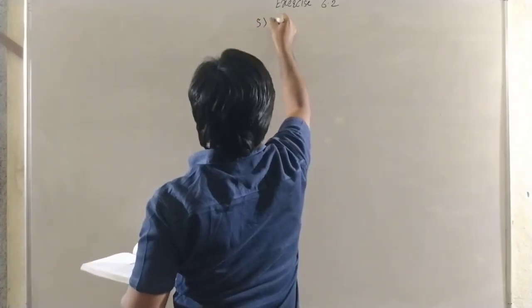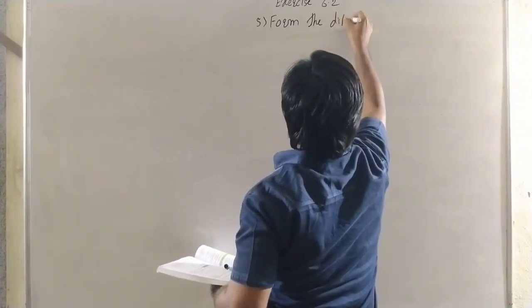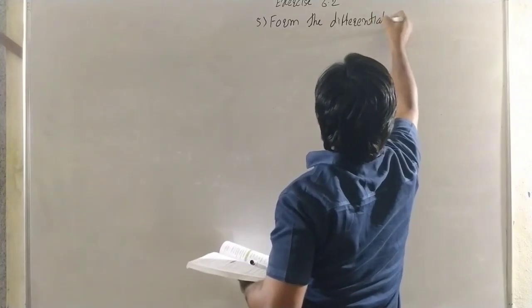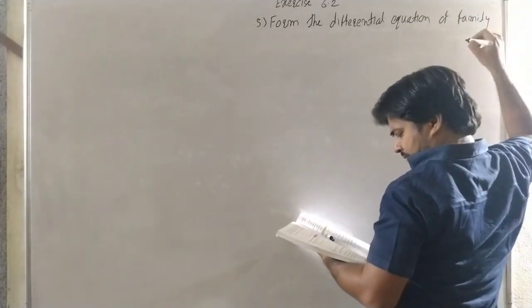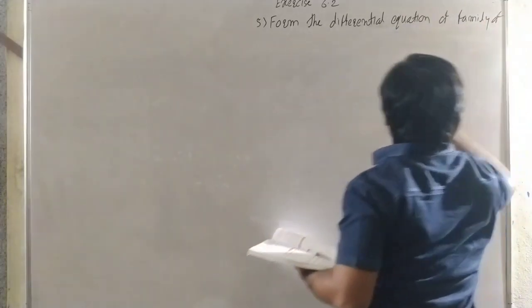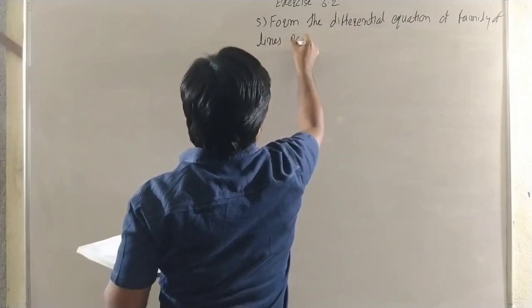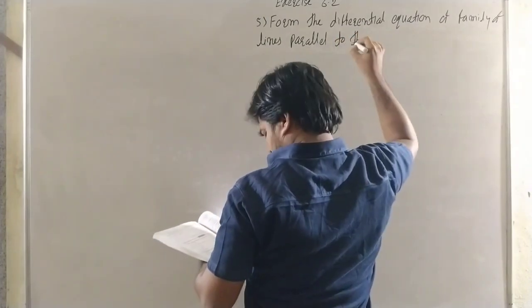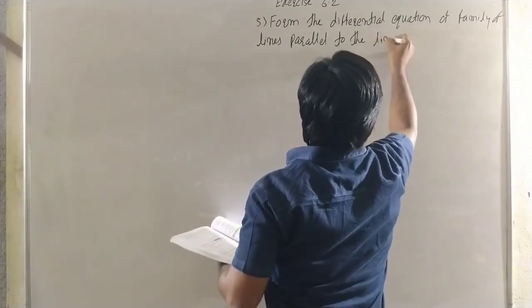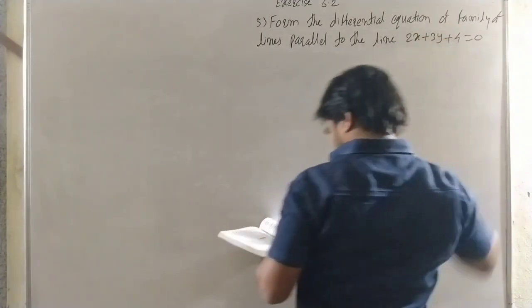Form the differential equation of family of lines parallel to the line 2x plus 3y plus 4 is equal to 0.